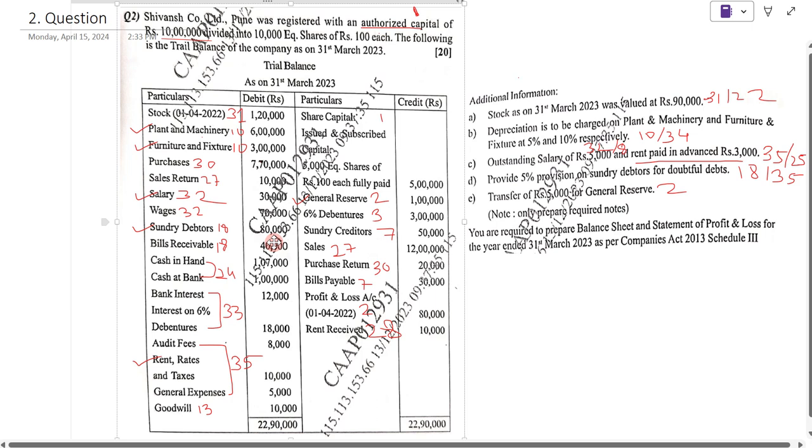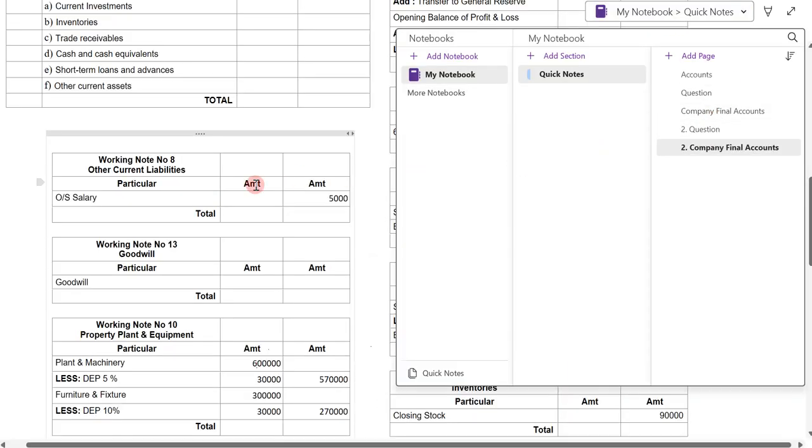Sundry debtors are 80,000, bills receivables are 40,000. Then on sundry debtors there is 5% RDD, provision. Both will come in note number 18.